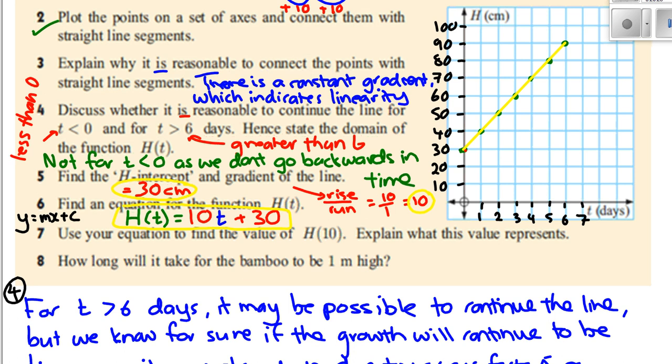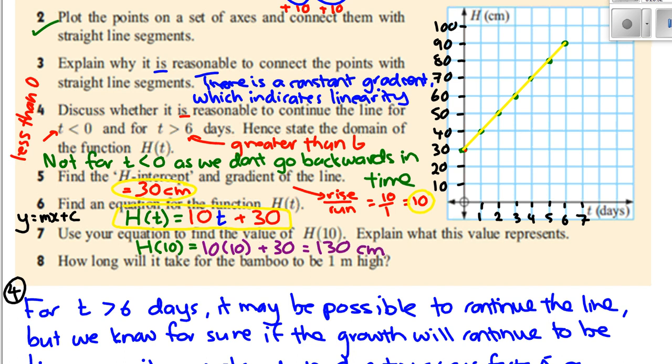Use your equation to find the value of h of 10. So remember back to function notation, h of 10 just means sub in 10, where you see x, or time in this case. So instead it'll be 10 times 10 plus 30, which is 130 cm.